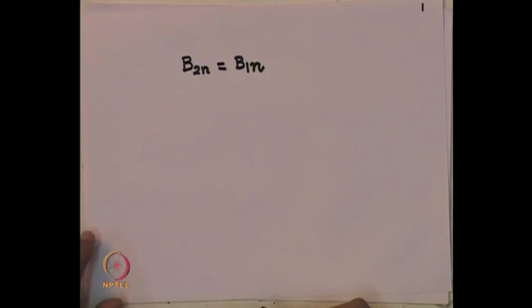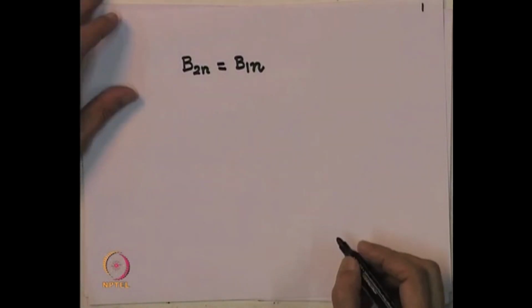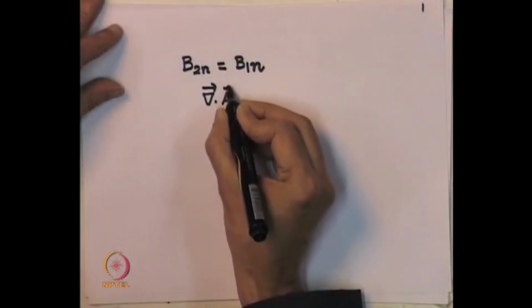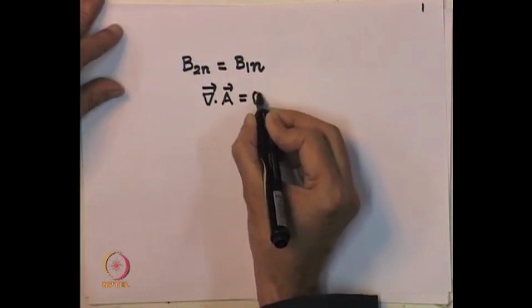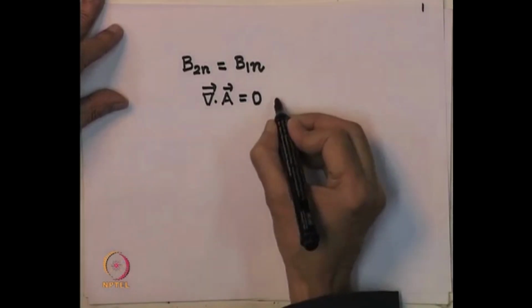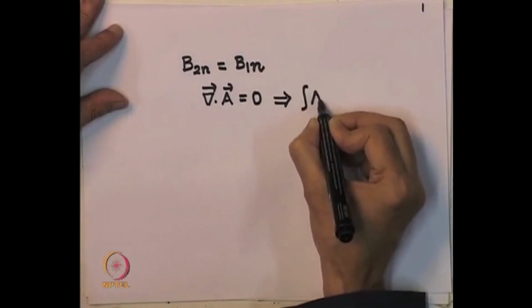The second relation that you want is for, supposing I am working in the Coulomb gauge. Now, we have seen that the Coulomb gauge means del dot A is equal to 0. And just as del dot B equal to 0 gave me integral B dot dS equal to 0, this will give me integral of A dot dS equal to 0.